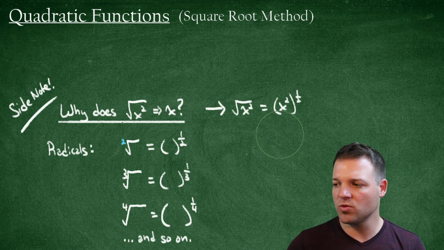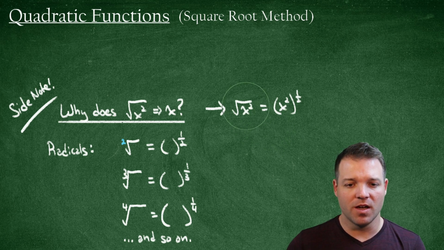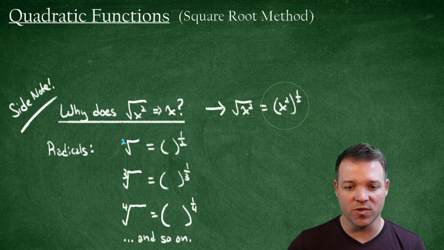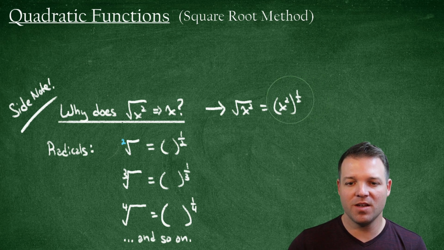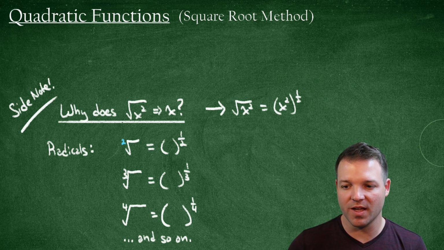And so to get back to our original question here, why is the square root of x squared equal to x? Well, in this case, you could rewrite this as whatever's underneath the radical, which is x squared, to the 1/2. So that's x squared to the 1/2. And when I have something to the power of something else, you can multiply those powers.